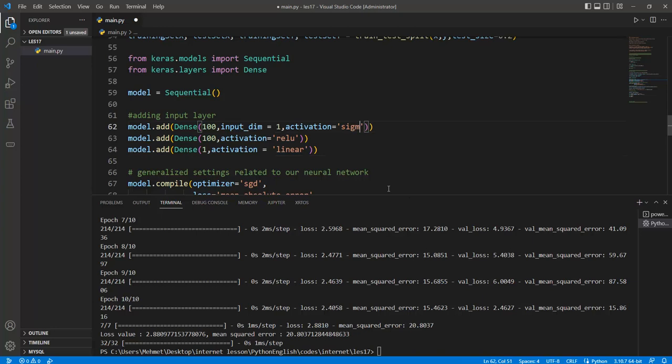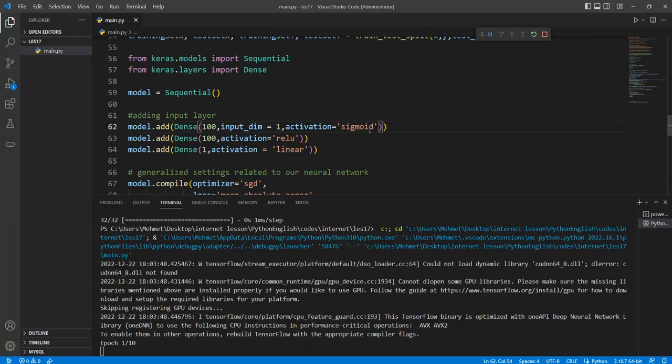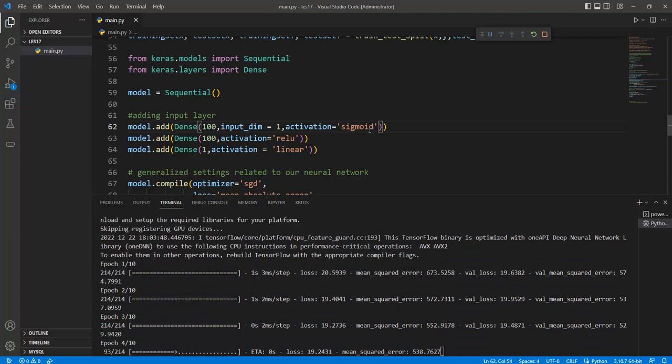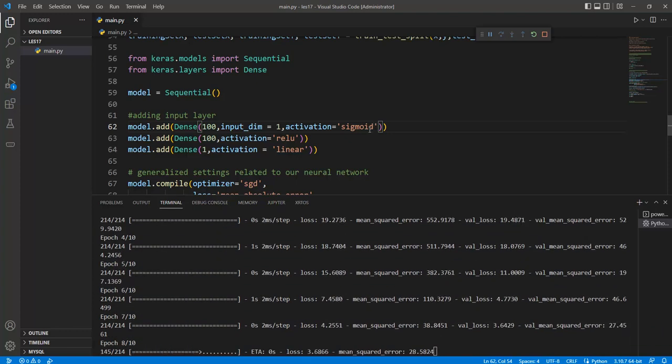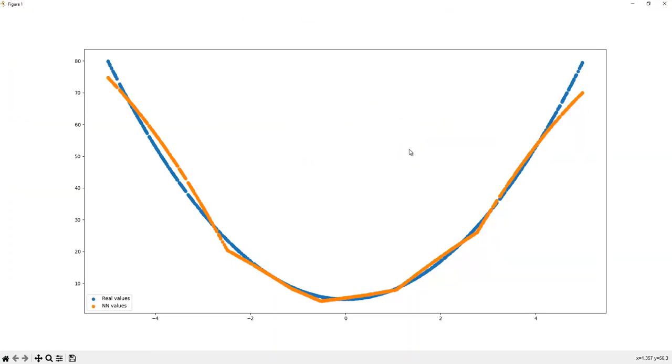Okay, and so how about changing to the sigmoid function in the activation layer? Is this improvement okay or not? We don't know. In neural networks we don't know what is the best, but we should try it. With the sigmoid function, the results are closing in, but not as good as the previous one.